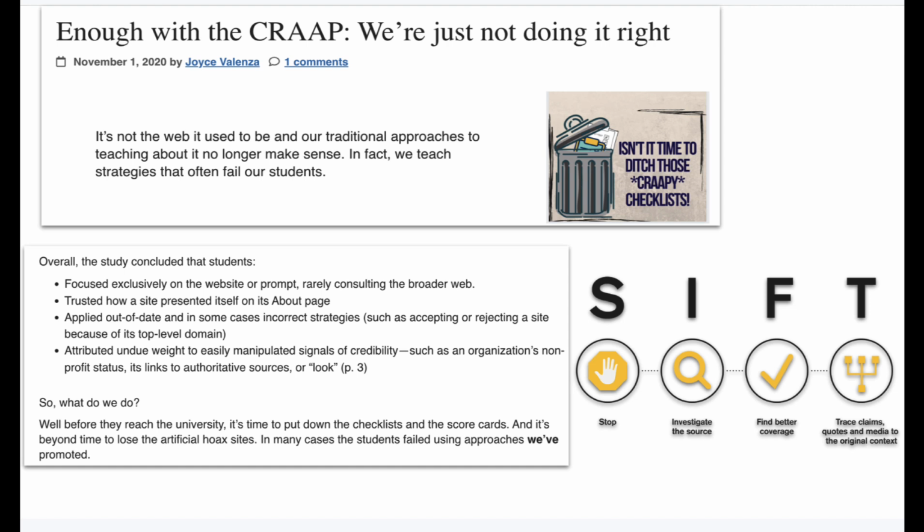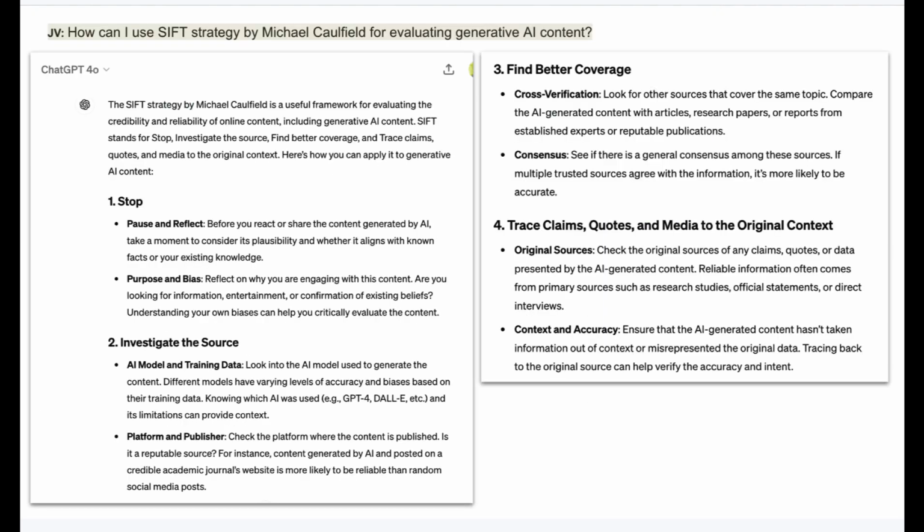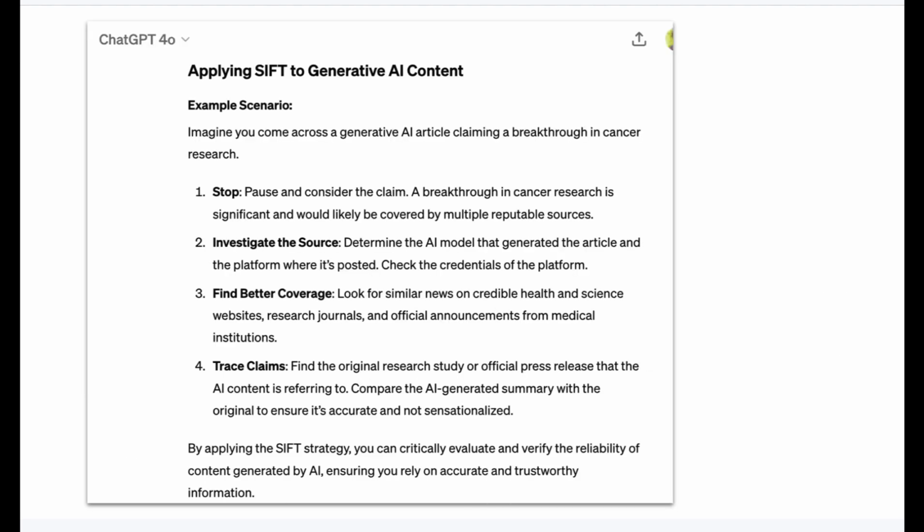I see no reason why we can't use Michael Caulfield's SIFT model with AI output, focusing on stop, investigating the source, find better coverage, trace claims. All of this can be done with the AI output we get. In fact, I asked ChatGPT 4.0 how I might use SIFT to evaluate generative AI content, and take a look at that. And I think that'll give you some guidelines for working with students if you are working with students.